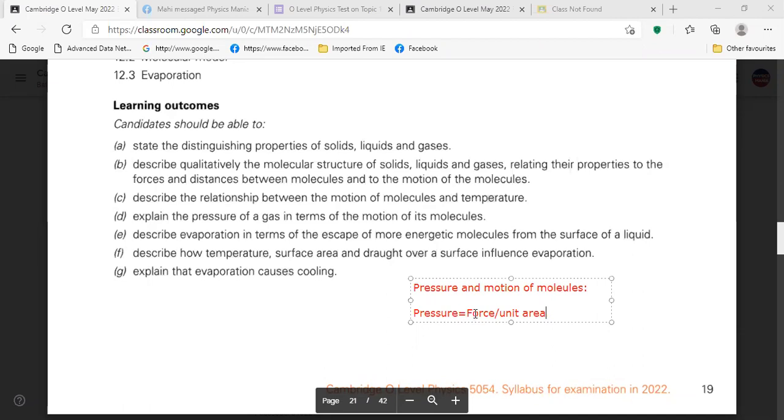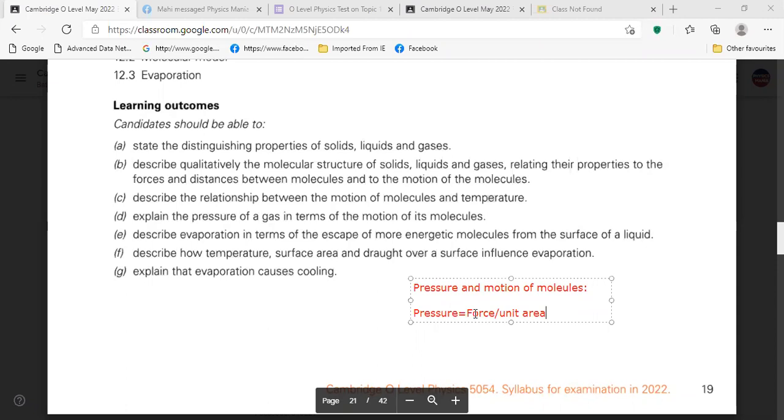Okay, so force is coming from the kinetic energy of the molecules, right? Like if you are punching on the wall, your kinetic energy, if it is more, then you are applying more force on the wall, right? Isn't it?